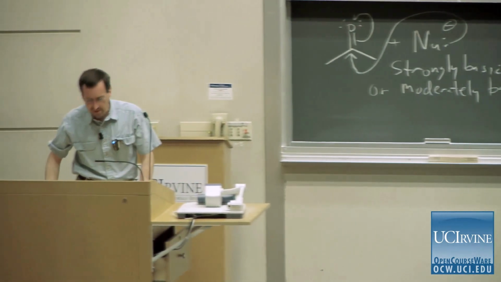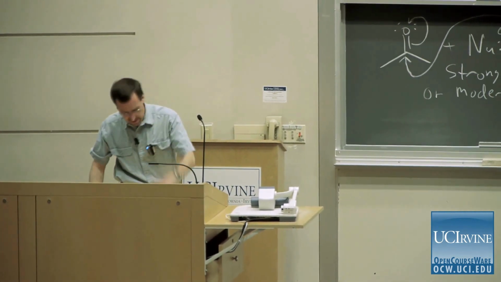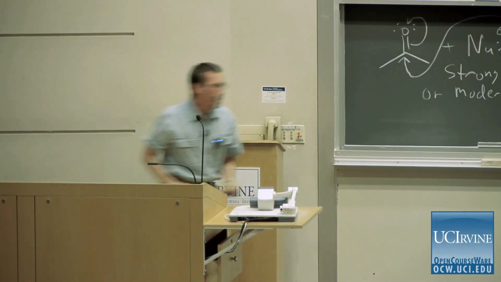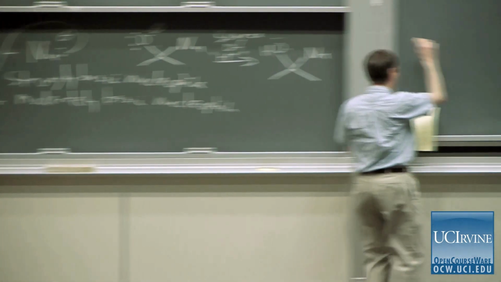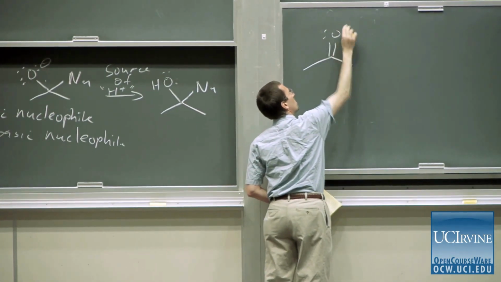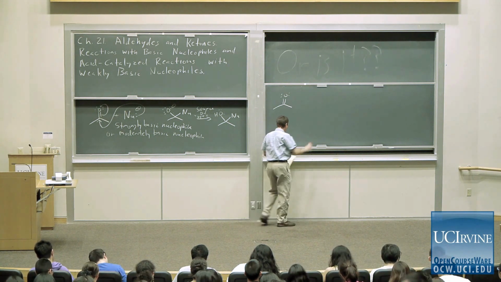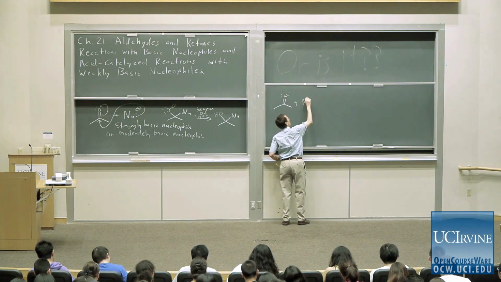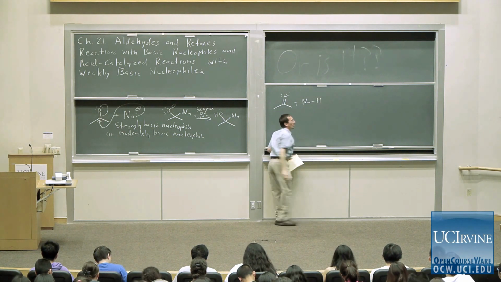We're going to see some variations on this, but we're also going to introduce, and this is where things get really meaty, the reaction of carbonyl compounds with weakly basic nucleophiles. And again, in the most general overview, I'm going to write this as our carbonyl compound, our ketone or aldehyde, plus a weakly basic nucleophile.